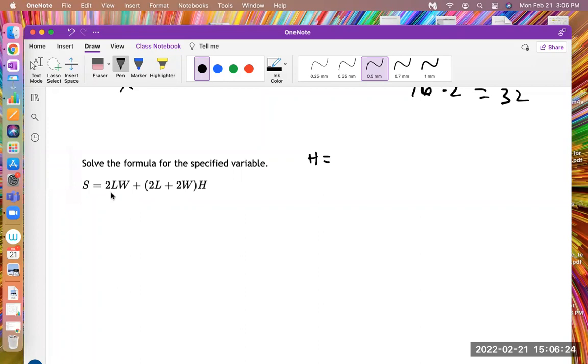When we're solving equations, we do the opposite. So we would get rid of this stuff by subtracting that on both sides, and then divide by this stuff second. So opposite operations, okay? That's the first thing I'm going to do. I'm going to subtract 2LW from both sides.